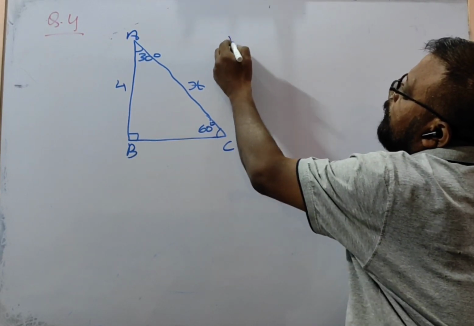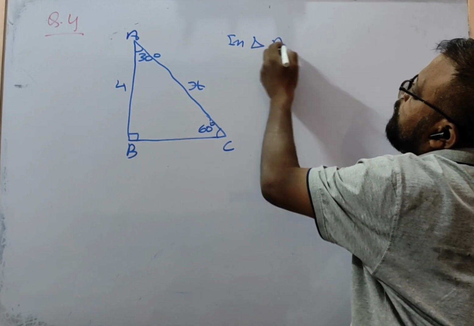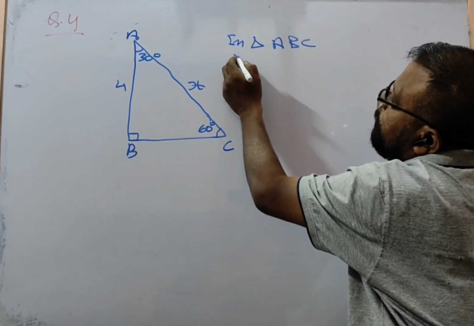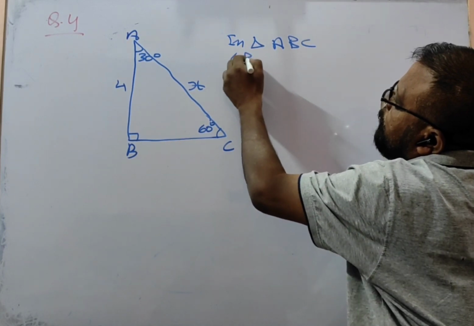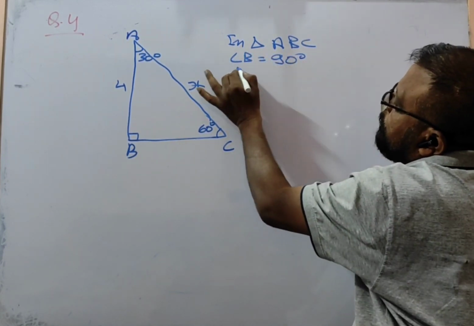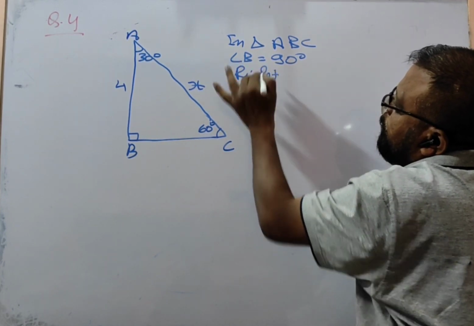So in triangle ABC, angle B is equal to 90 degree. So right angle triangle, right?